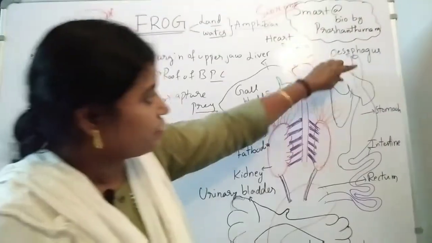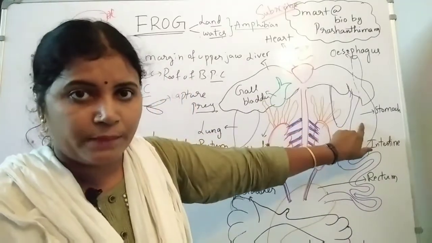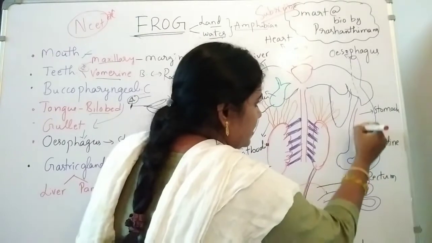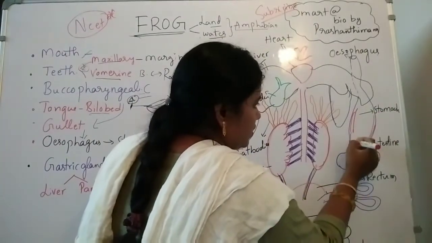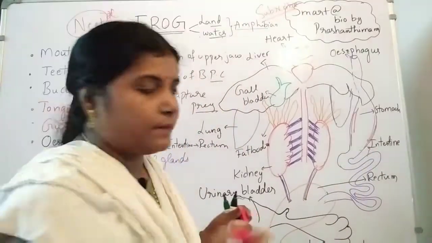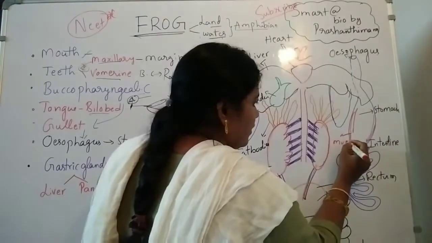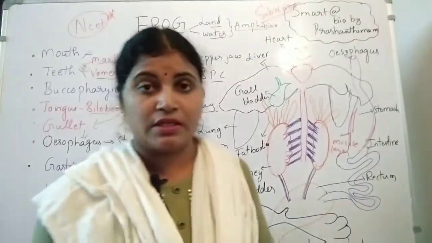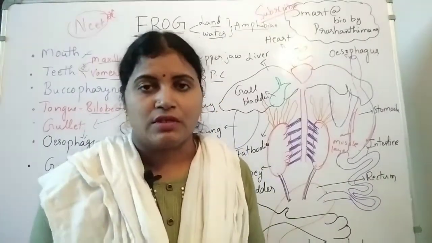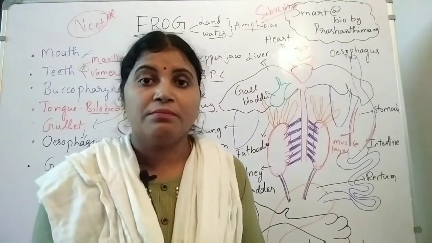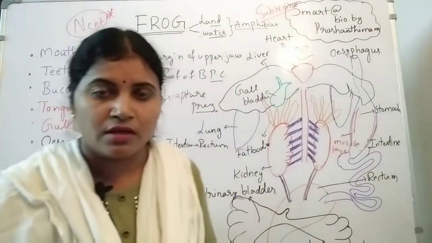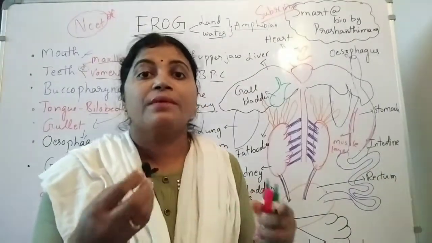The stomach is a long sac-like structure with very rich muscles. This muscle layer plays an important role in digestion, especially for chyme preparation. You know chyme: food is mixed properly with the hydrochloric acid and gastric juices secreted by the stomach, and converted into a semi-solid substance.